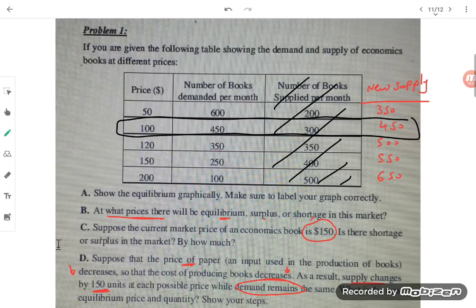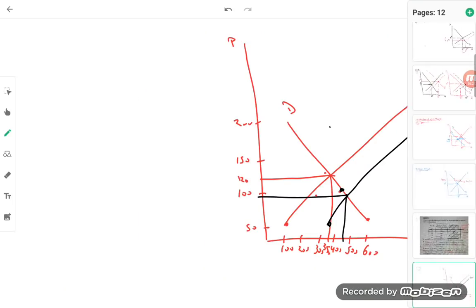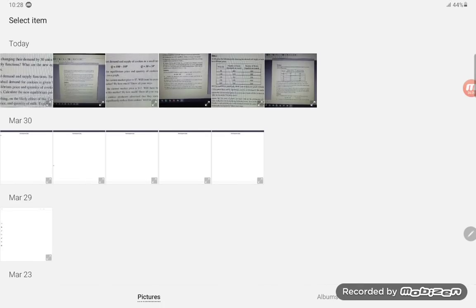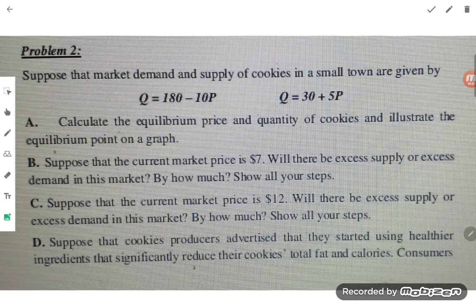This is the end of this problem. Now let's take another example using mathematical notation instead of a schedule or graphs. This is QD. Q equals 100 minus 10p and Q equals 30 plus 5p.